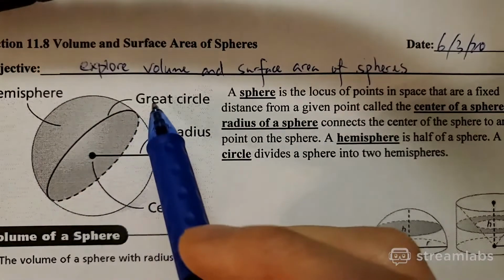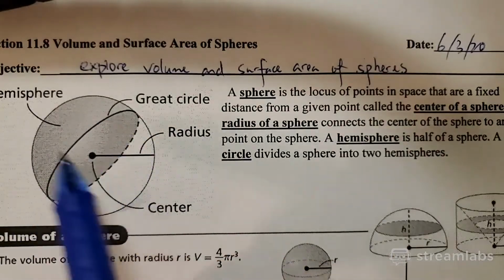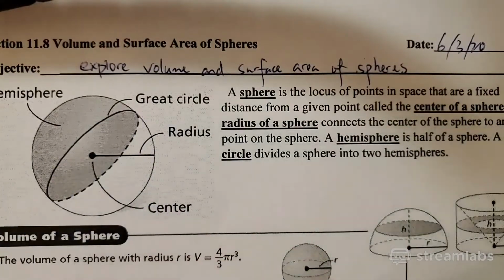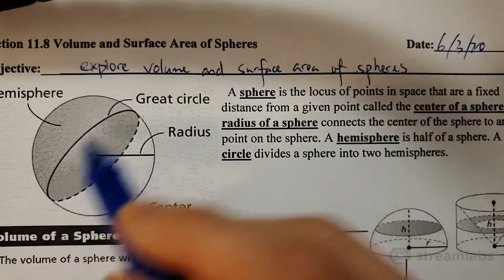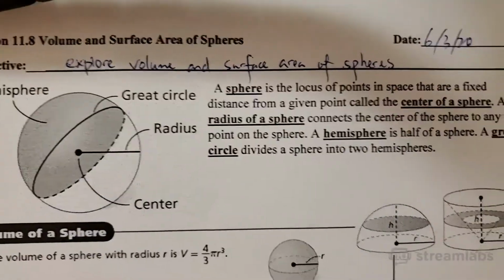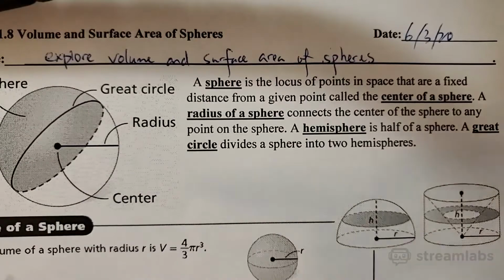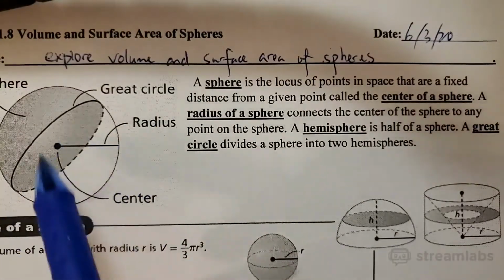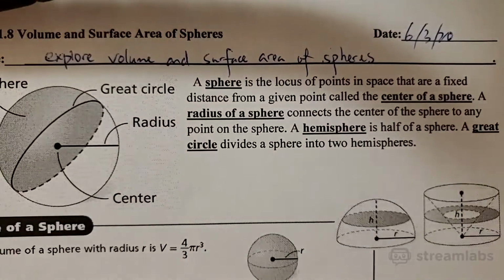The top part and bottom part, these half parts of a sphere, we call a hemisphere. Great circles, we briefly talked about this before, are like lines on the sphere, and a great circle always divides the sphere into two hemispheres. Okay, so that's the first part.